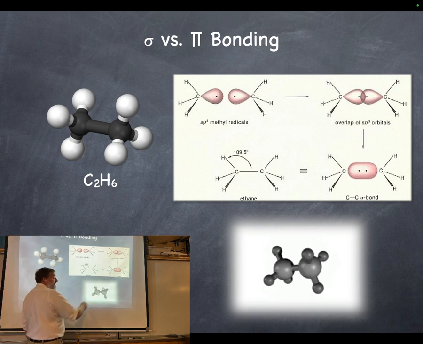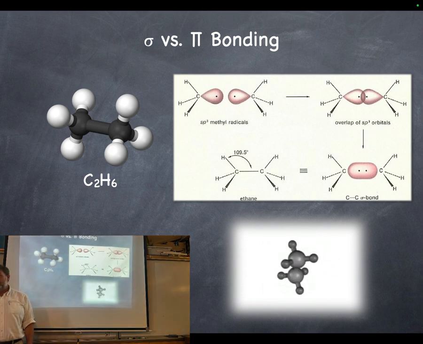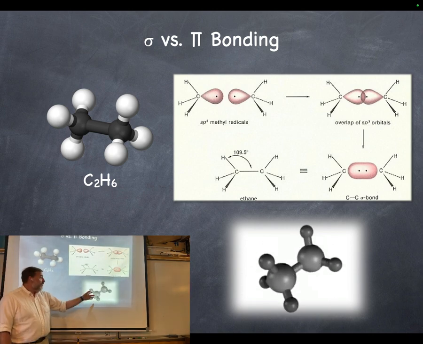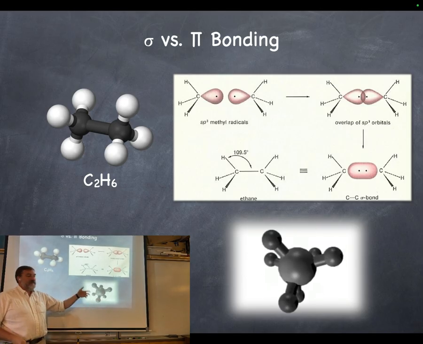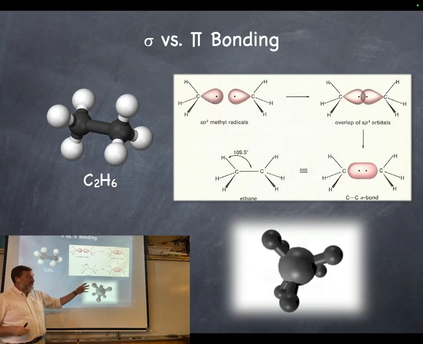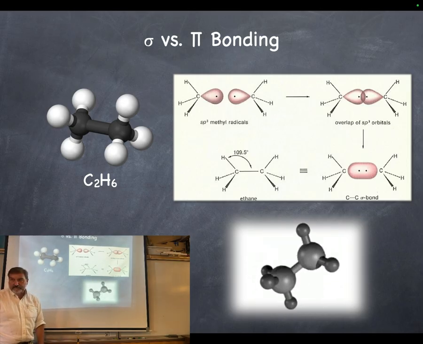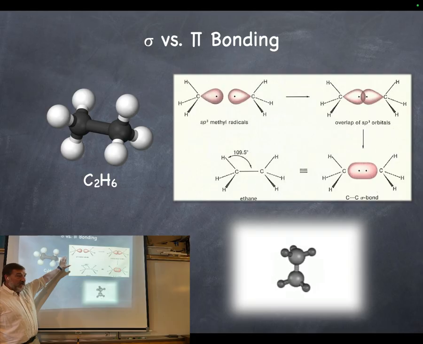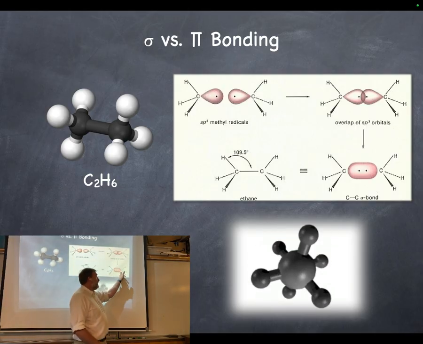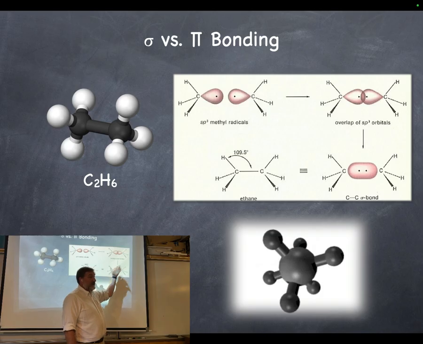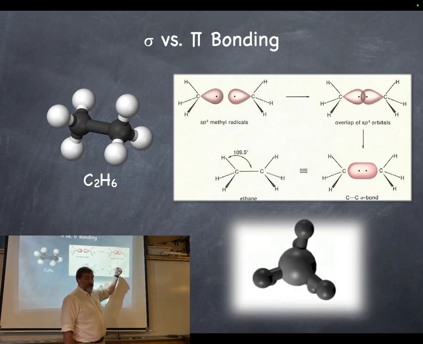It prefers a fancy word, conformation. That's the shape, when the hydrogens are offset from each other. There's random motion that causes one to spin, and it affects the other ones. So sigma bonding, single bonds, always sigma bonds. Line connecting the two nuclei, that's where the center of the electron charge is.